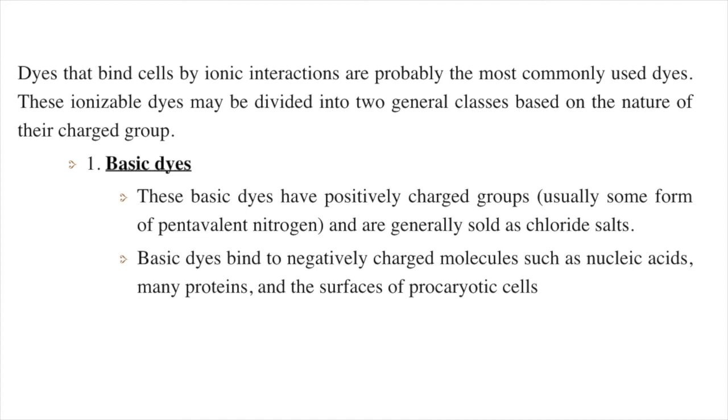The basic dyes bind to negatively charged molecules such as nucleic acids, proteins and the surfaces of prokaryotic cells, because the basic dyes are positive in nature. The bacterial cell components such as nucleic acids, proteins and other surfaces have negative charge. So the positively charged basic dyes bind with the negatively charged nucleic acids, proteins and surfaces of prokaryotic cells.